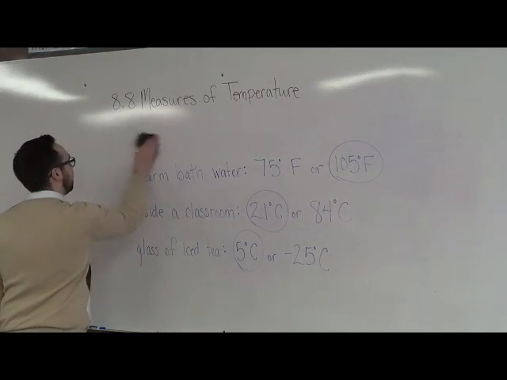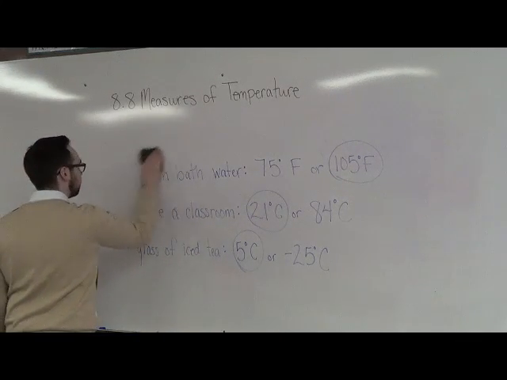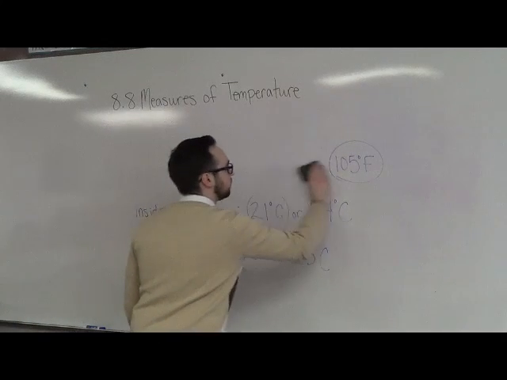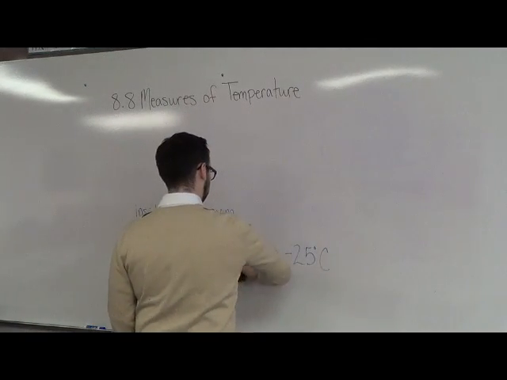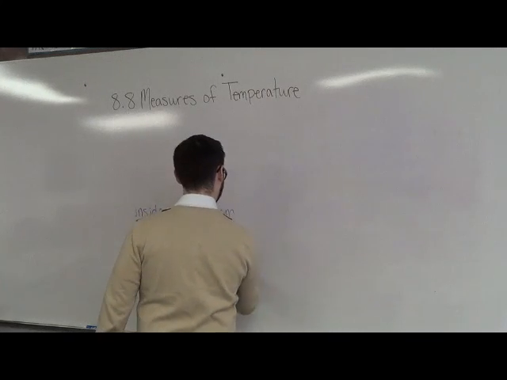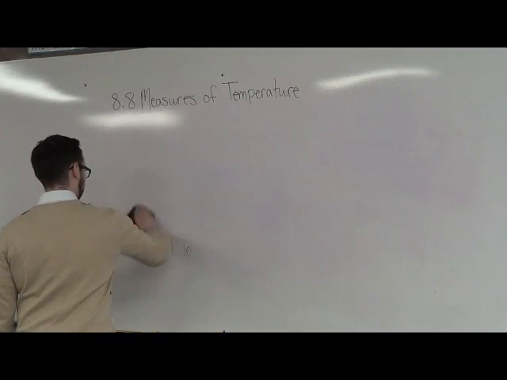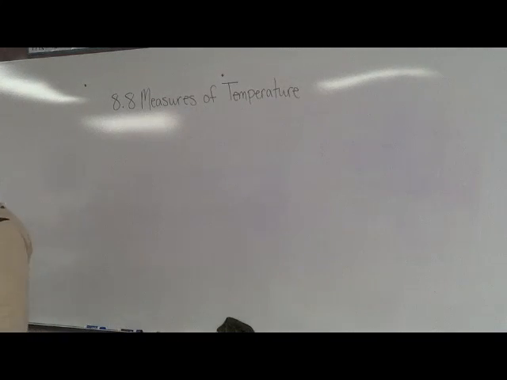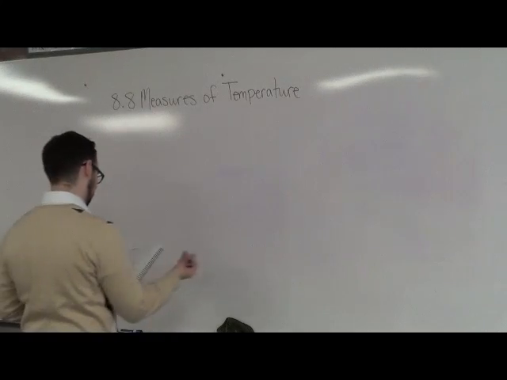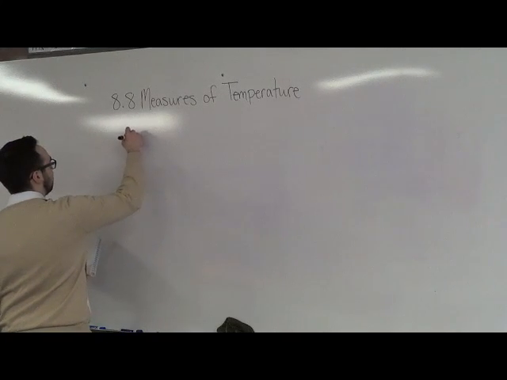Alright, and one more example to get through. So I'm going to put 3 things up here, and I want you to estimate what you think a good estimate of temperature would be.